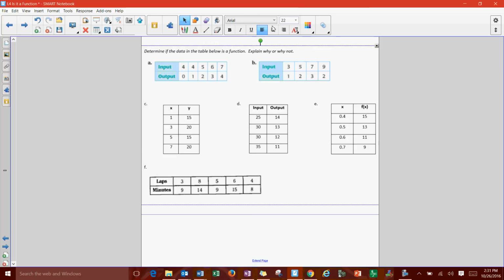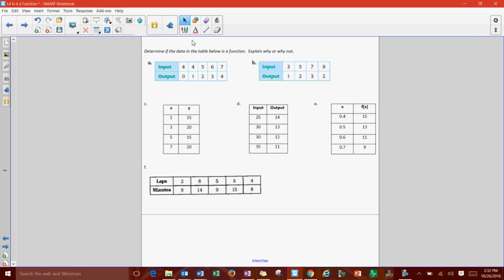Keeping in mind, if I have some data in a table, it's a function if it's functioning properly like that soda machine, if each input has exactly one output, okay? And I wrote down in the toolkit in red before, a good way to check that is you should never have a button being repeated.